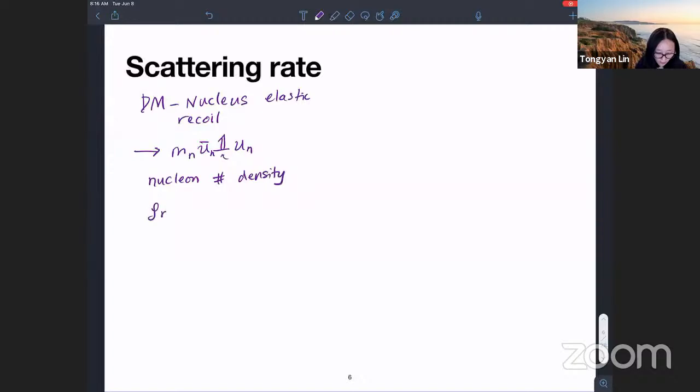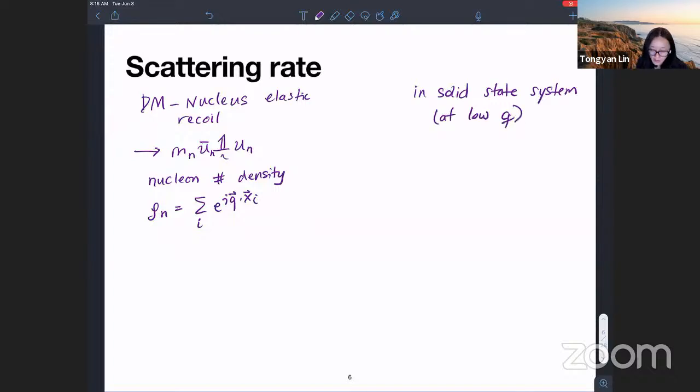So before it was rho_n, and we're summing over nucleons. And now we're coupling to rho_e, which is the electron number density, as well as possibly rho_I, which is the ion number density.